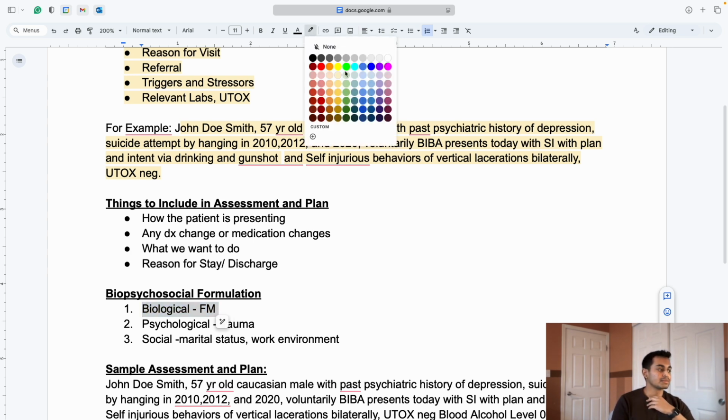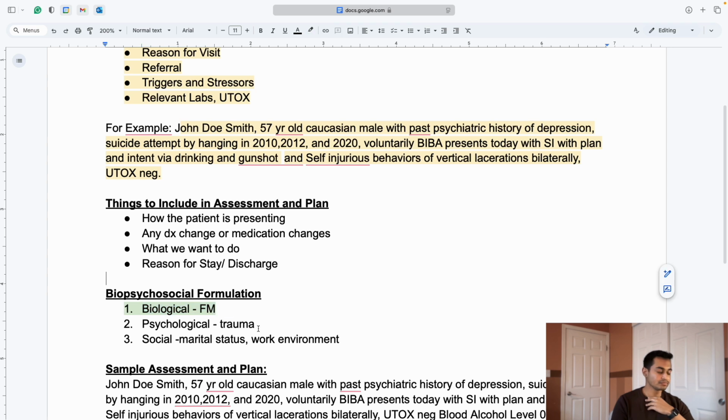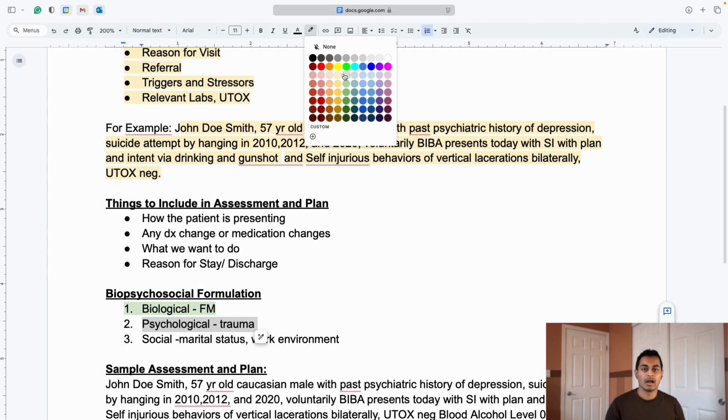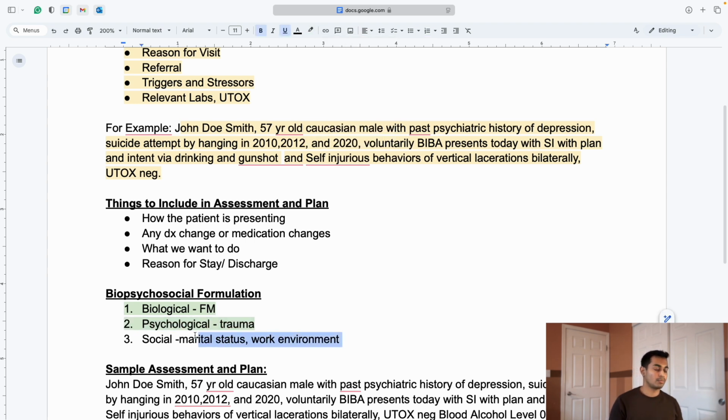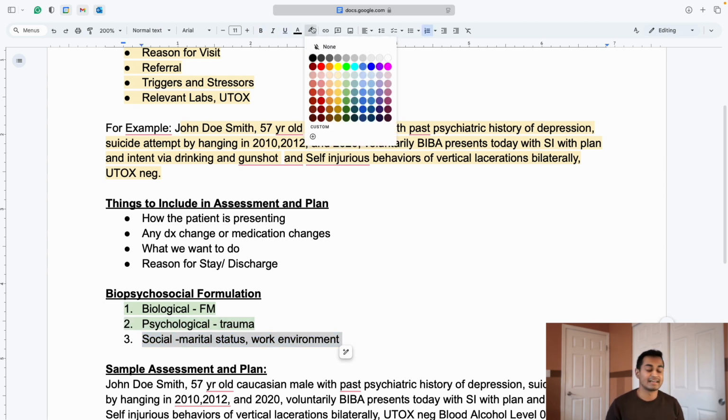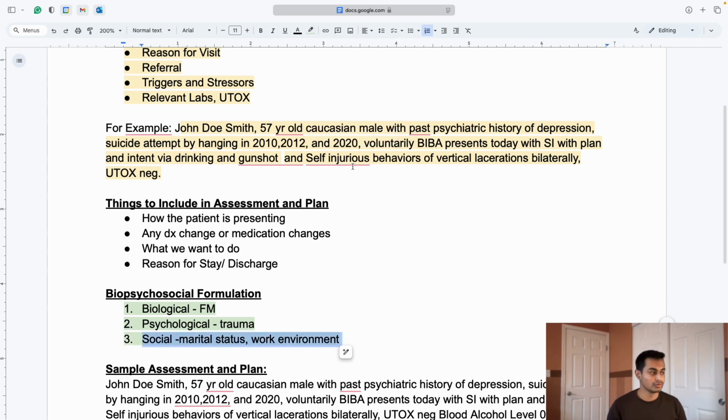So for example, this patient has a biological family history of anxiety and depression. There's some genetic component in psychiatric illnesses, so that's important to include.